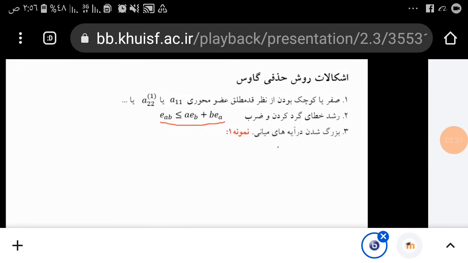And three, we have overflow in some entries that are used in Gauss elimination.